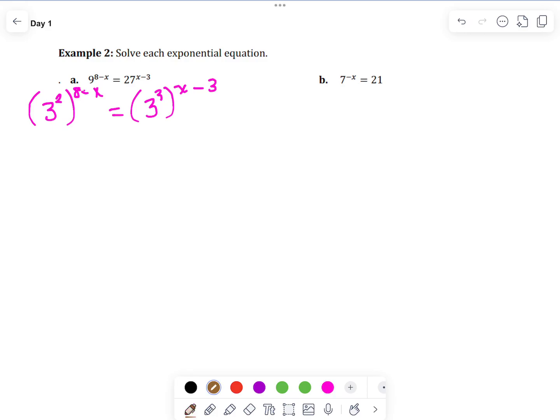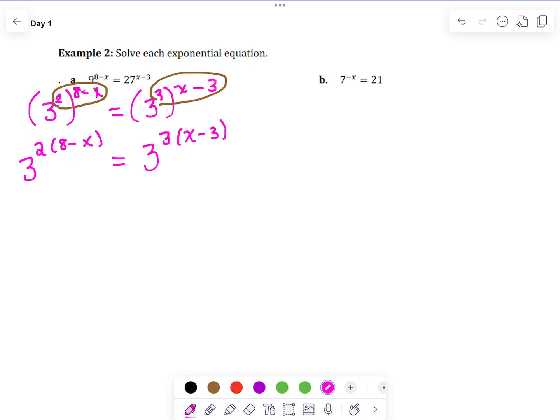Then I'm going to use my exponent rules. This is a power to a power, so we multiply. So that's 3 times 2 quantity 8 minus x equals 3 raised to 3x minus 3. So again, power to a power, you multiply those exponents.